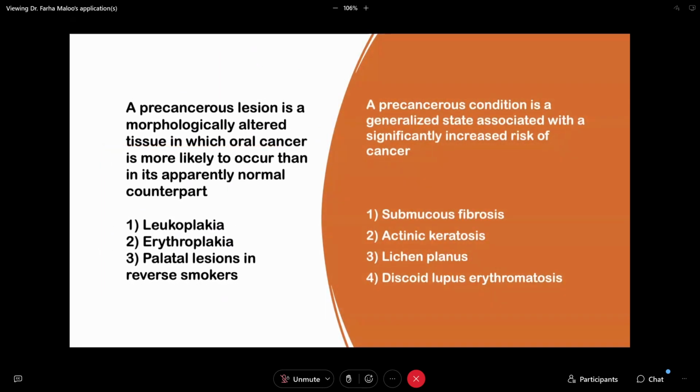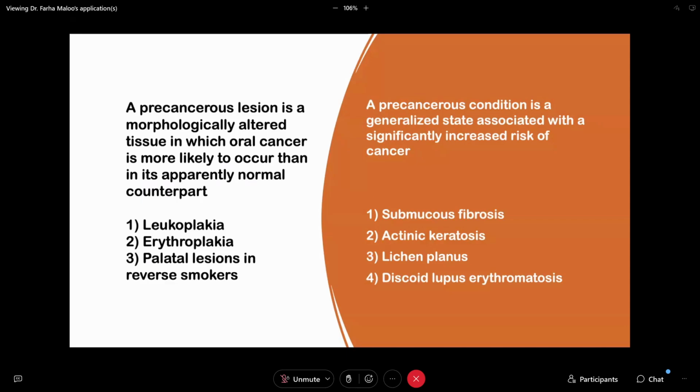Now I want to discuss the precancerous lesions, the difference between precancerous lesions and precancerous conditions. So a precancerous lesion is basically a morphologically altered tissue in which oral cancer is more likely to occur than its normal counterpart. Three main precancerous lesions I would like to discuss today are leukoplakia, erythroplakia, and palatal lesions in reverse smokers.